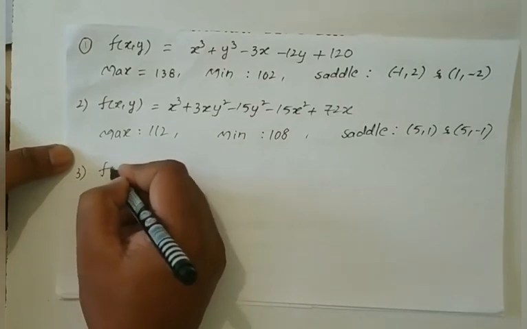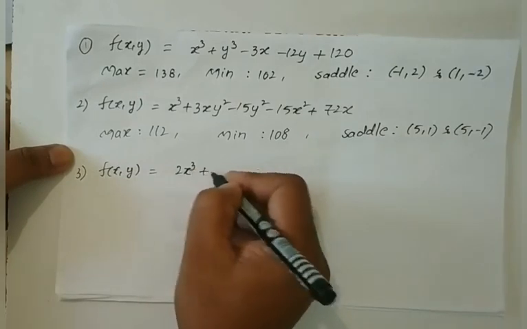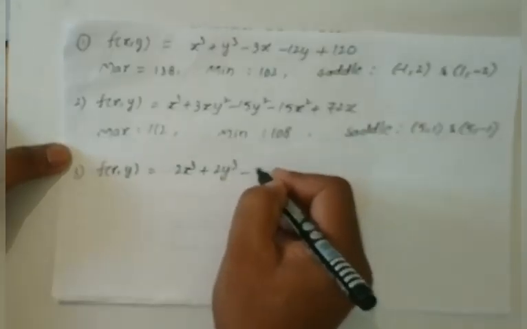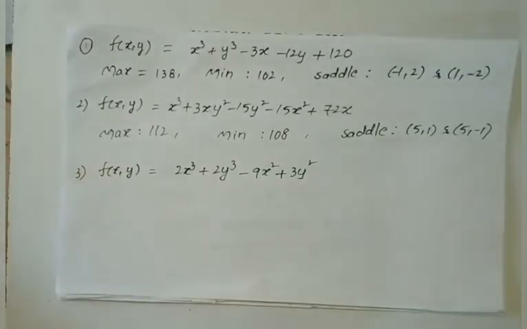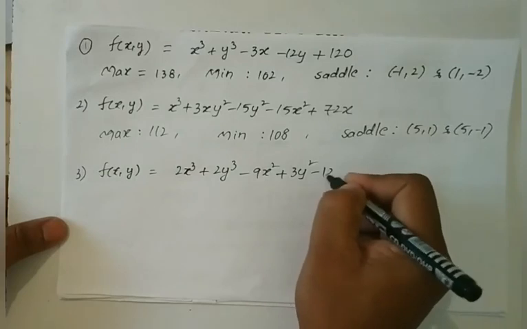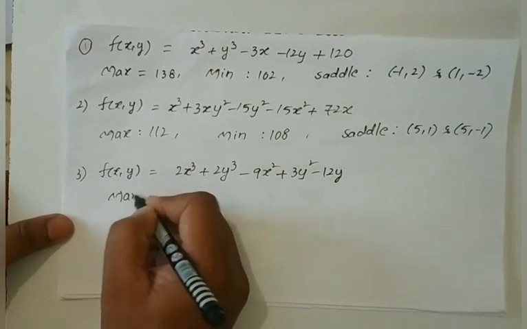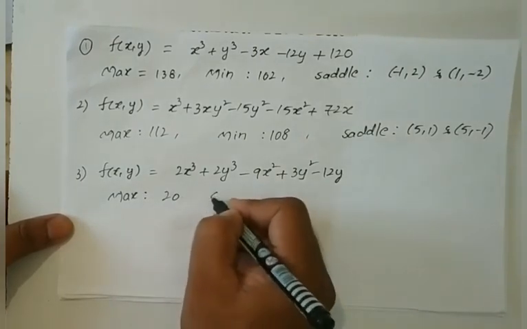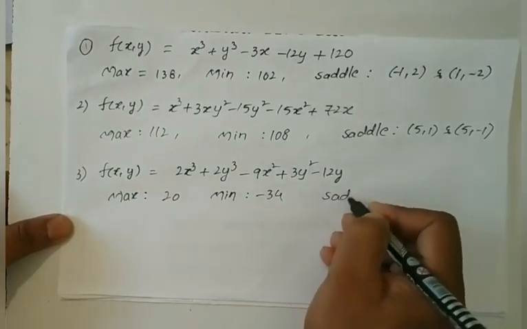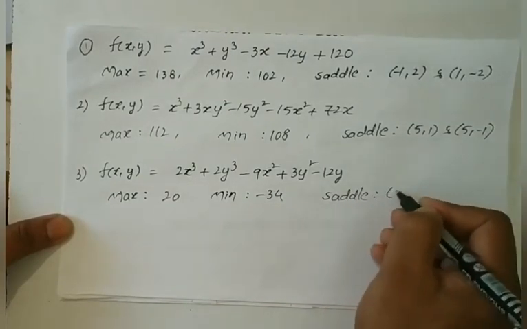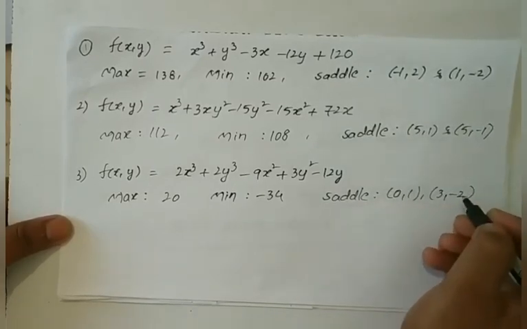Third one, f of x, y is equal to 2x cube plus 2y cube minus 9x square plus 3y square minus 12y. Maximum 20, minimum minus 34, saddle points 0 comma 1 and 3 comma minus 2.